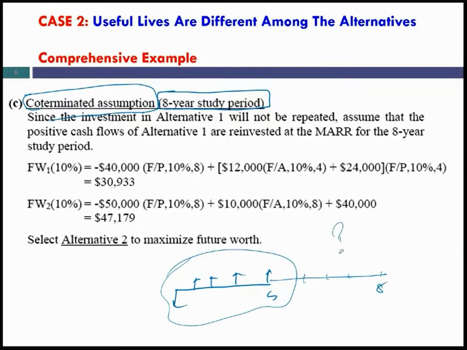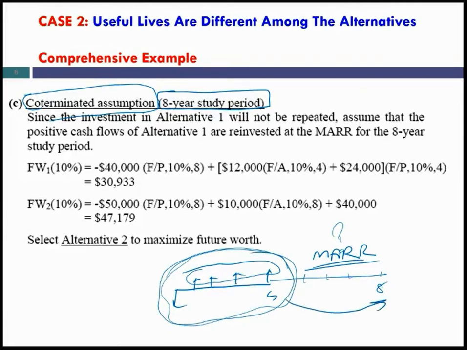We said that with the coterminated assumption, if the repeatability assumption is not valid, we can reinvest all these positive cash flows after the end of the useful life. We can reinvest them using the MARR. So what we can do, for example, is use the future worth analysis, and we need to find the future worth of this investment alternative at the end of year 8, and there are no cash flows from year 4 to year 8.